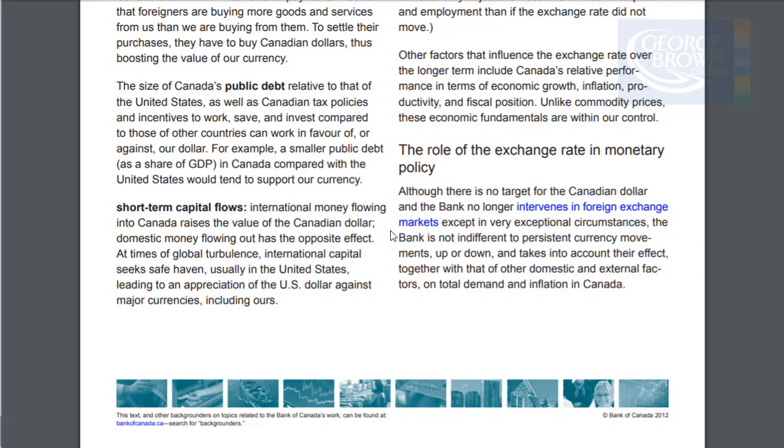And it says here, if we scroll down, the role of the exchange rate in monetary policy. Although there is no target for the Canadian dollar and the bank no longer intervenes in foreign exchange markets, except in very exceptional circumstances, the bank is not indifferent to persistent currency movements up or down and takes into account their effect, together with that of other domestic and external factors, on total demand and inflation in Canada.